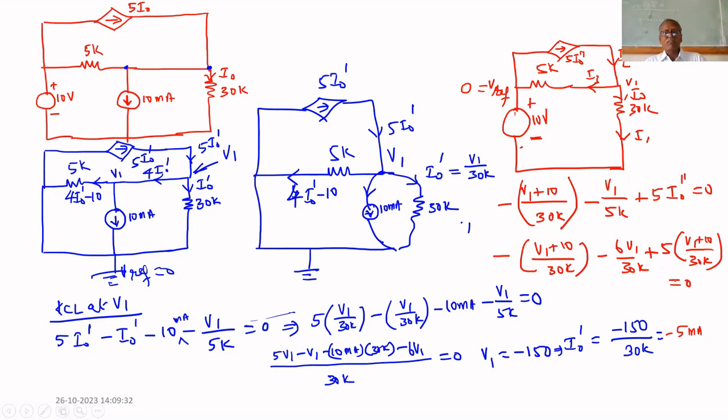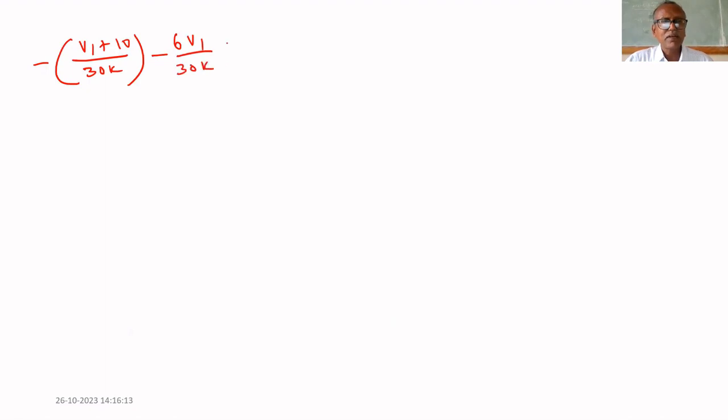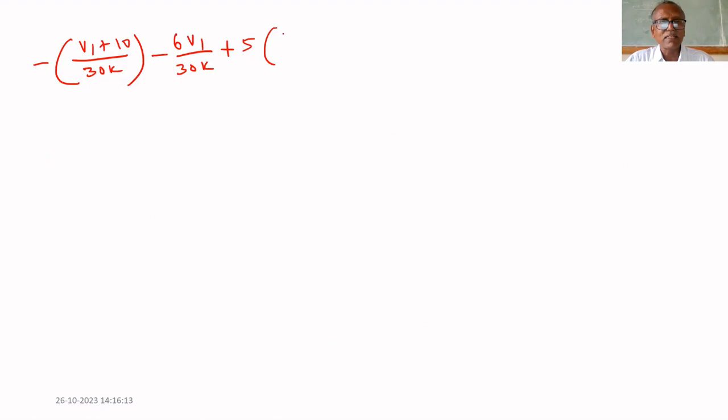Now solve for V1. I'll write the equation there: minus V1 plus 10 divided by 30K, then minus 6V1 divided by 30K, plus 5 times I0 double dash, that is V1 plus 10 divided by 30K, equal to 0. 30K is common everywhere.